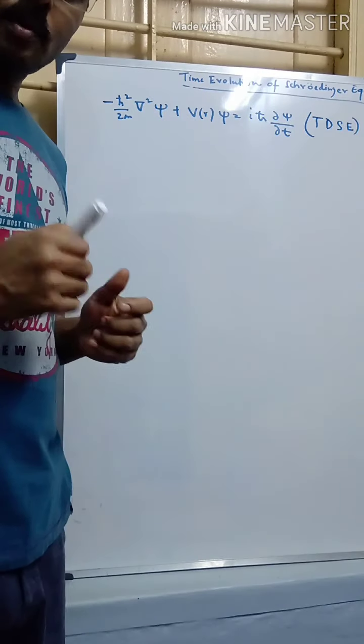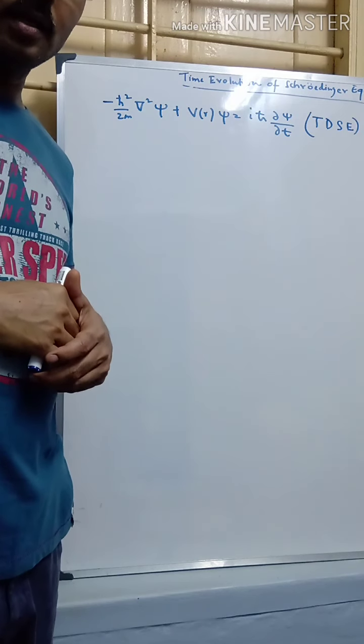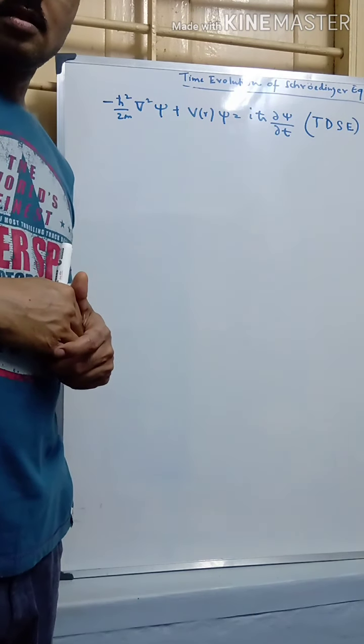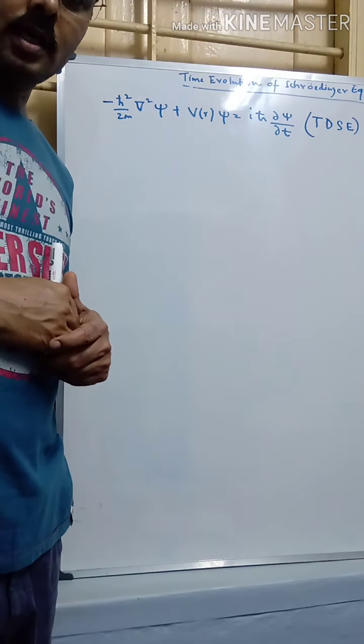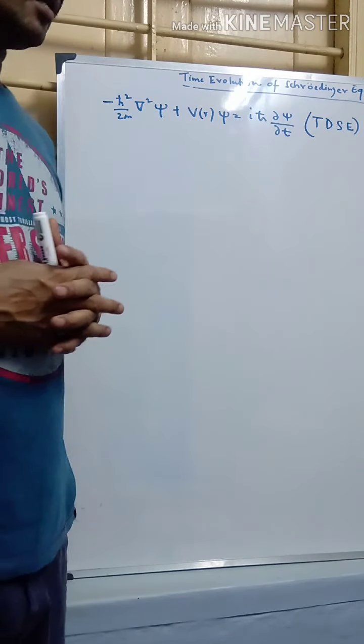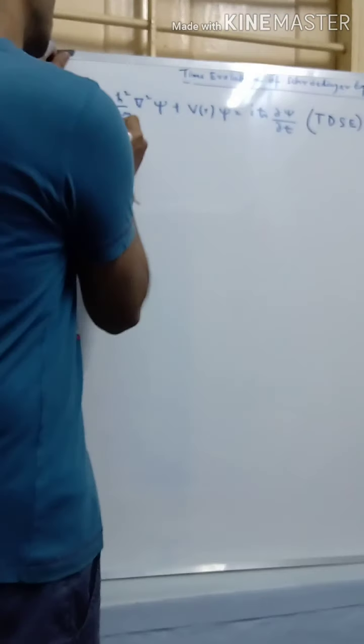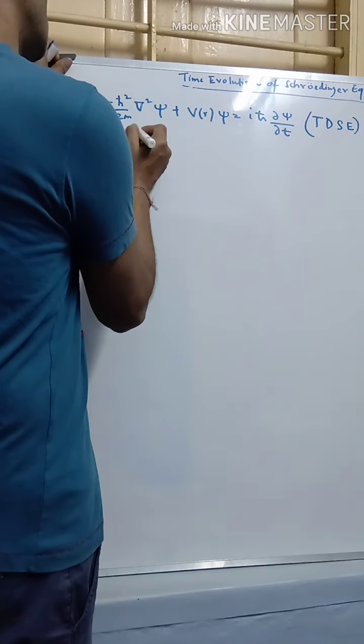Let us now talk about the stationary states, which were first enunciated by none other than Niels Bohr in the year 1913 to explain the hydrogen atom spectra. So what is a stationary state?